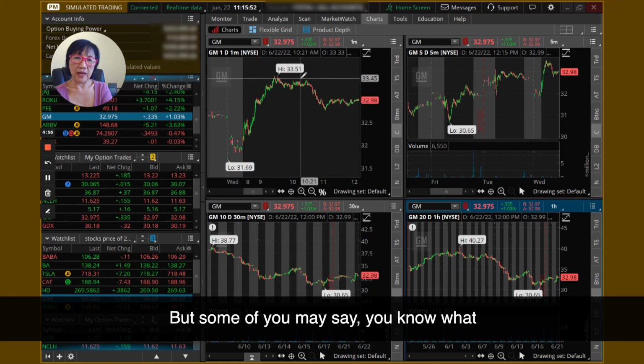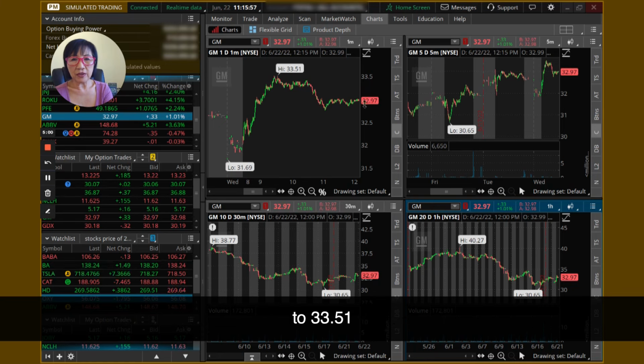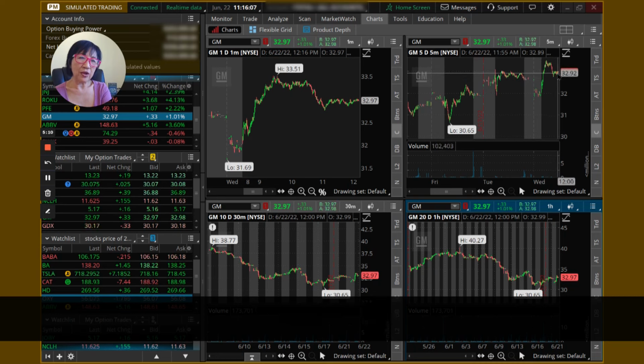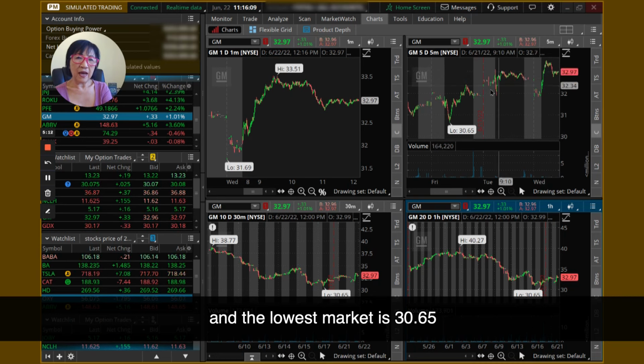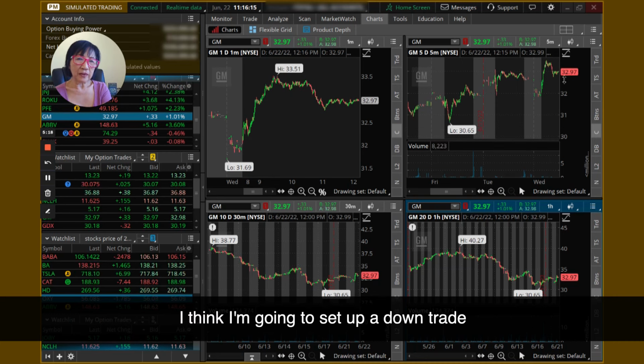But some of you may say, I think there's opportunity that it could go up to 33.51. And some of you look at this 5-day movement and say, definitely it's up there towards the ceiling, and the lowest market is 30.65 towards the floor, so I think I'm going to set up a down trade.